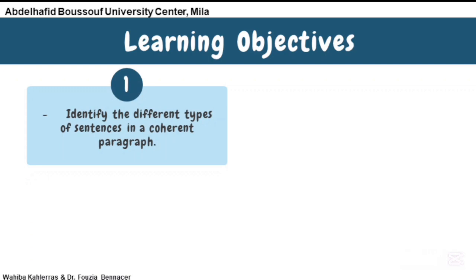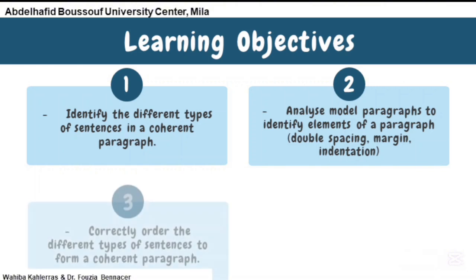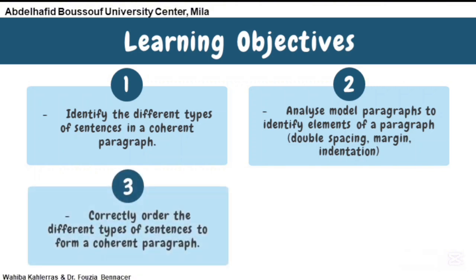You're going first to identify the different types of sentences in a coherent paragraph, the very types we've already mentioned. Analyze model paragraphs to identify elements that give a paragraph its shape: double spacing, margin, indentation.